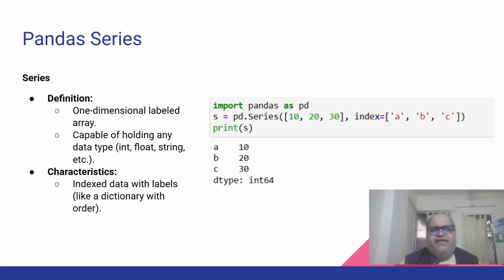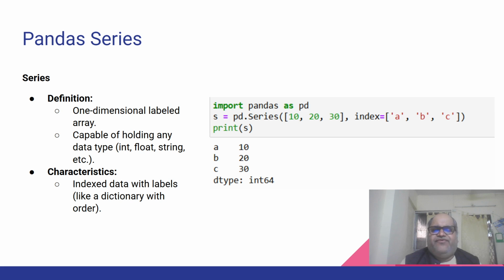On the right hand side, if you see the code snippet, to import pandas in your Python code base, you have to start with an import statement. Typically everybody writes it like import pandas as pd, and the series function of it is used to have functionalities related with series.